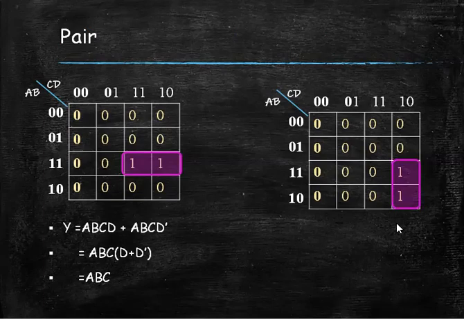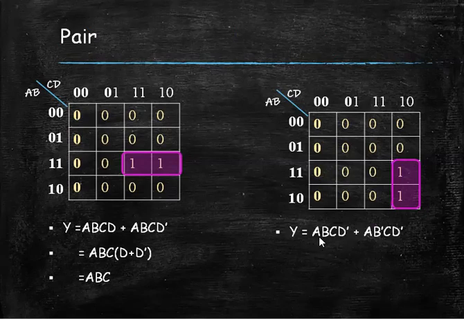When we move in this way, what variable is changing? The first product is A B C D bar and the second product is A B bar C D bar.